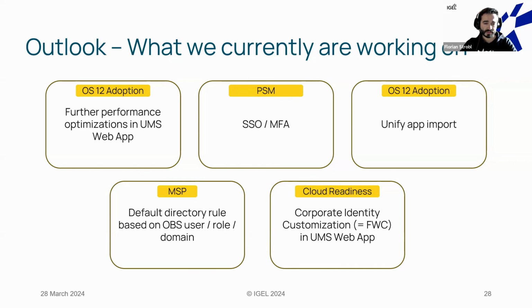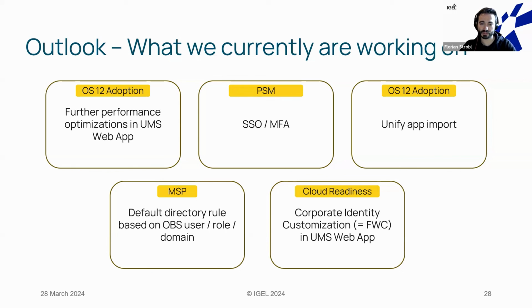We also have some improvements for our MSPs and also for other possible users. We have a default directory rule based on OBS users, also for OBS roles and domains. So based on these categories, you can now set up default directory rules to get the devices into the correct folder.